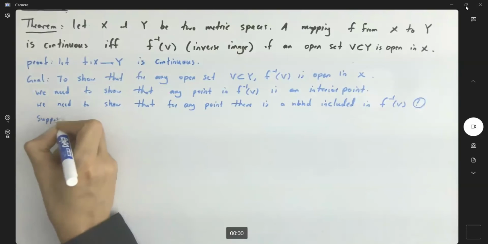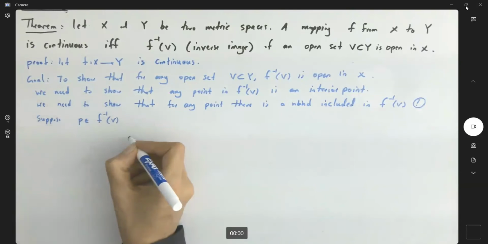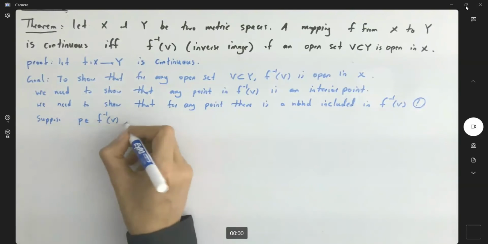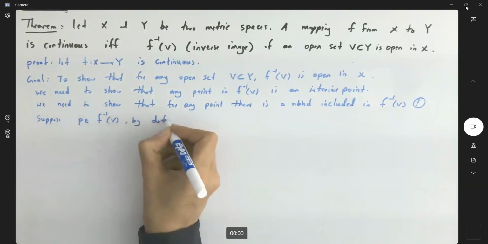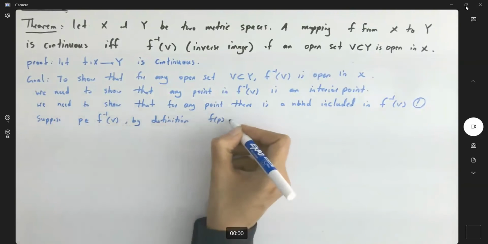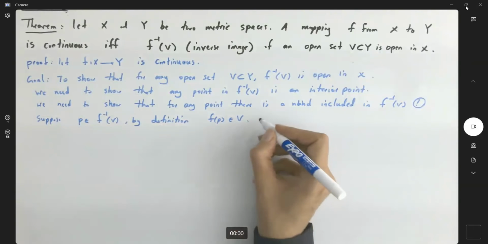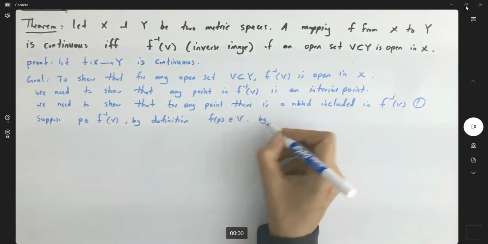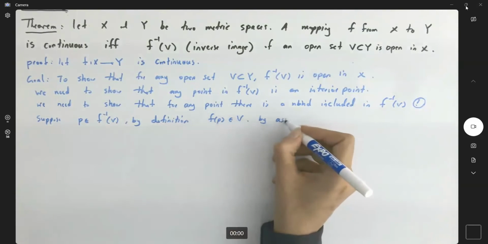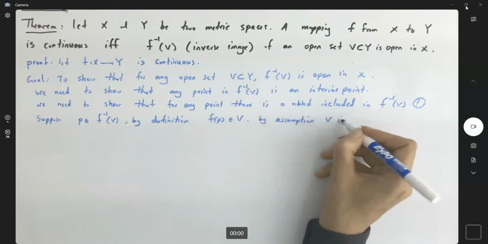Suppose you take a point like P in the inverse image of V. By definition of mapping, f of P belongs to V. By assumption, V is open.